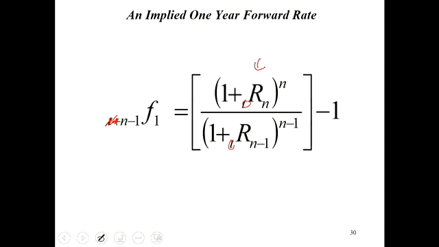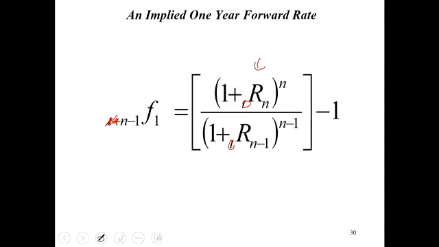So if you think about what we want to happen, we want this path here, okay, this is 0RN to the power N, we've got N compounding periods, to be exactly equal to 1 plus 0RN minus 1 to the N minus 1 power, so that takes care of that bit there, multiplied by the 1 plus the N minus 1 F1 rate, which is the one we're trying to find.